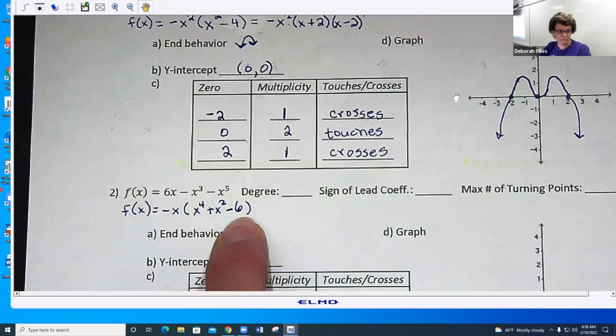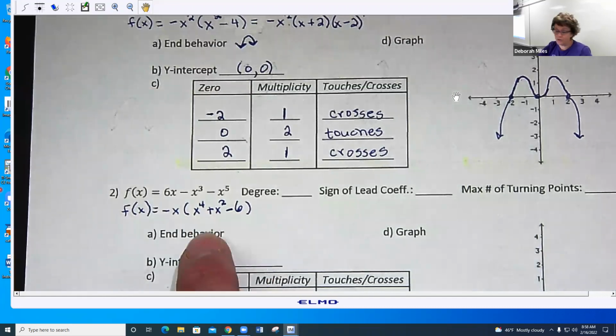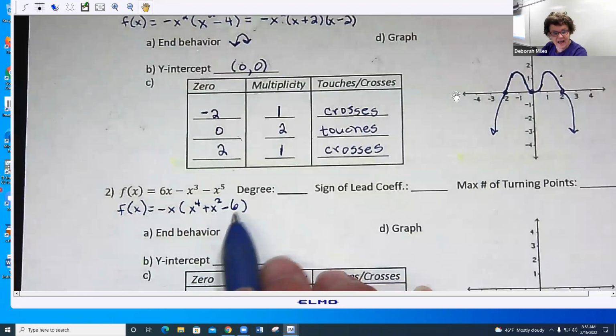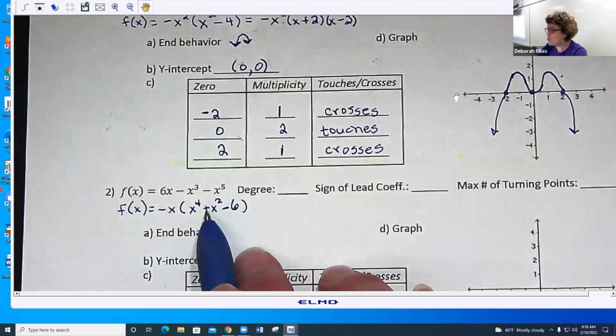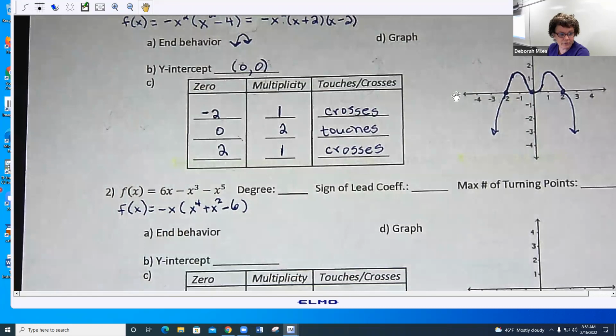I'm good. It may factor further though. And I don't have a problem factoring something with higher exponents. As long as I can find factors of 6 that have a difference of 1, I can factor that further.